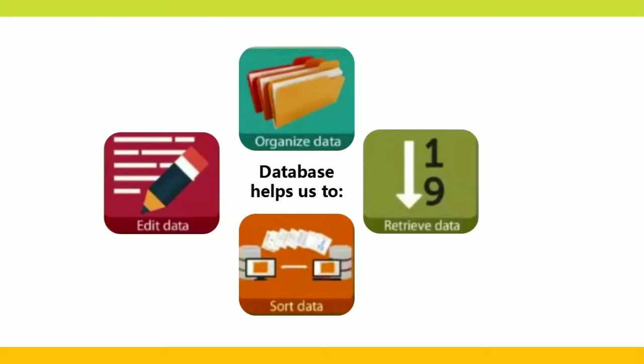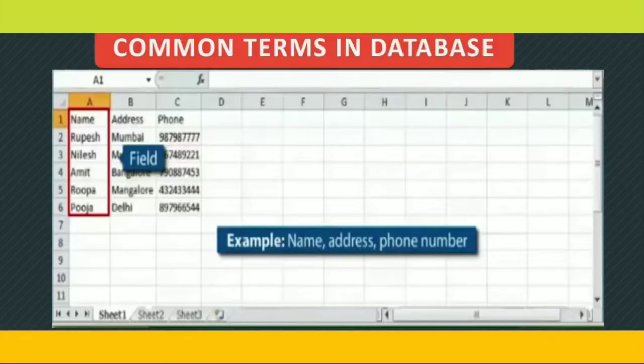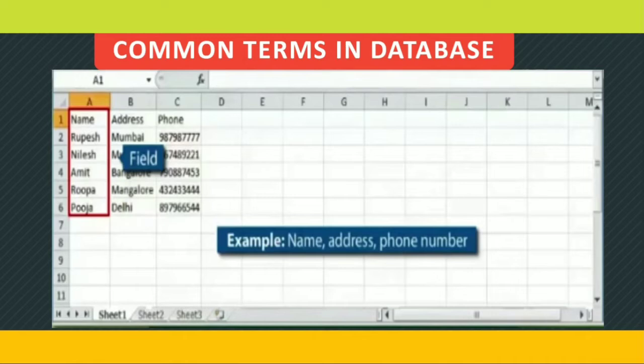Now let us learn more about creating a database in Microsoft Excel, but before that we will describe some common terms in database. A database consists of two things, that is fields and records. Students, a field is a column within a database that contains only a similar type of data.